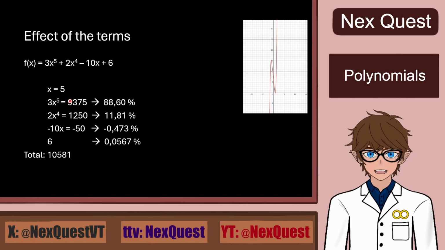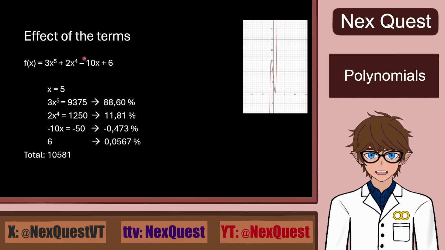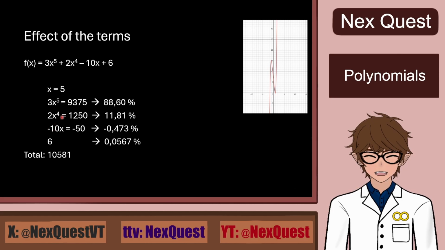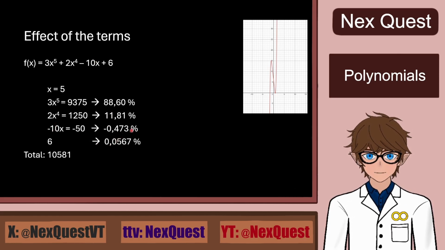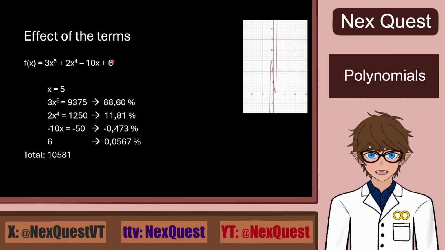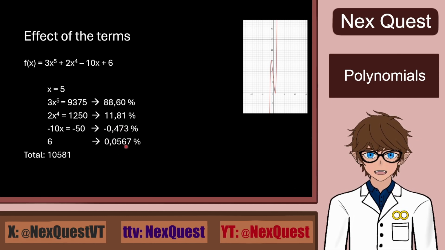Then I divide each number by the total sum of them, and I get 88.6% for the first term, 11.8% for the second term, minus 0.47% because it's negative and it's taking it away, for the third, and 0.0567% for the last term. We can see that the 6, while x is 5, is so small that it doesn't significantly contribute to the overall value. But let's keep watching.